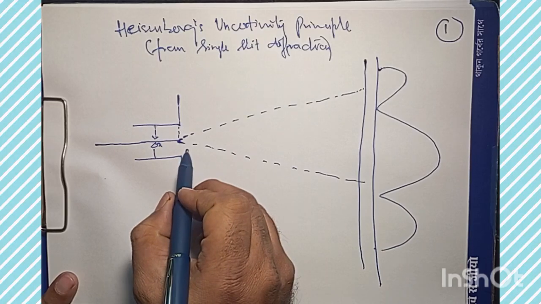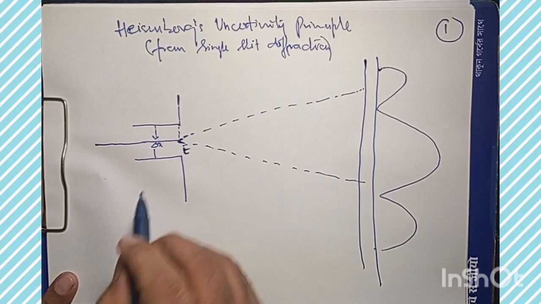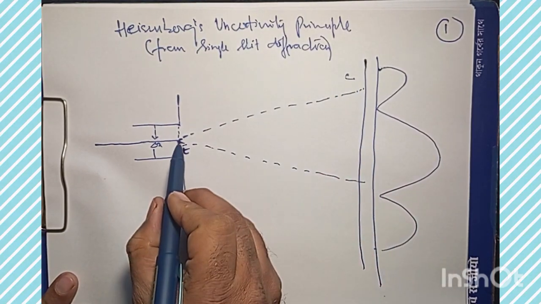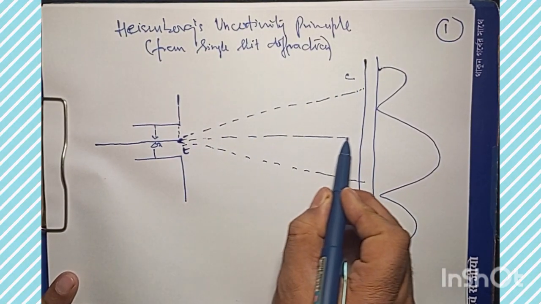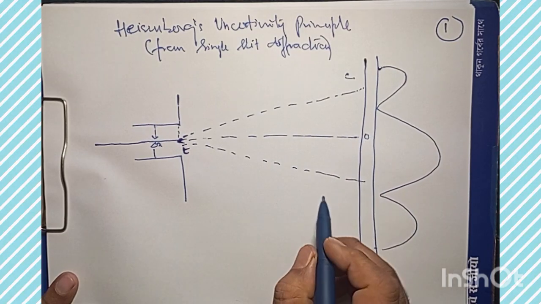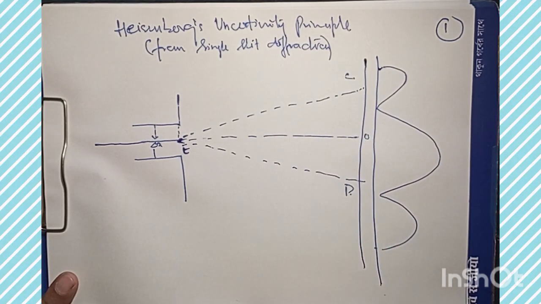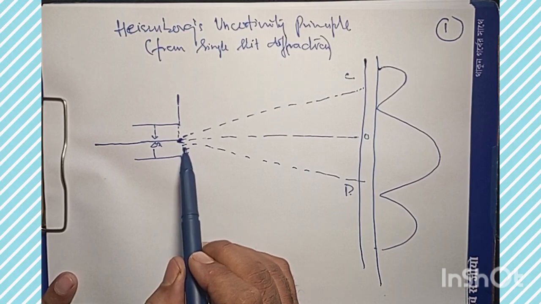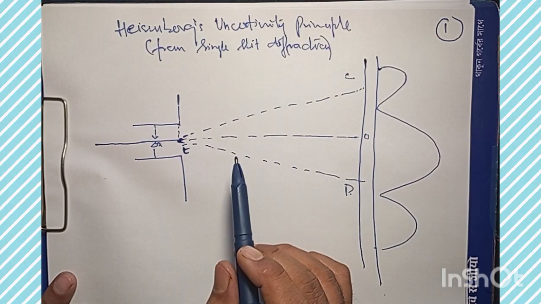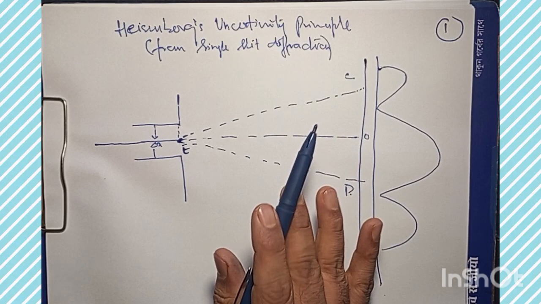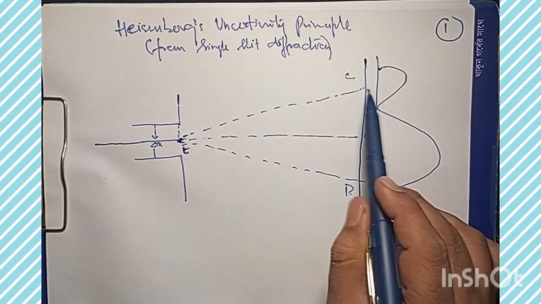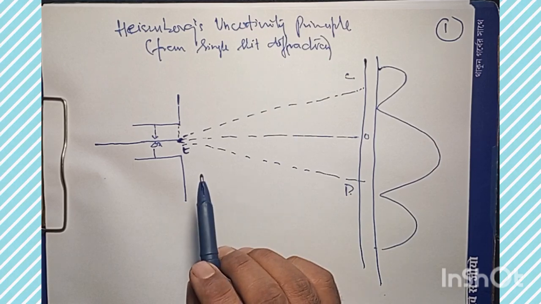Let me point this as E, this as C, the center as O, and this as T. After passing through this slit, the electron beam spreads out. It suffers diffraction, and that's why we have a pattern like that on the screen.